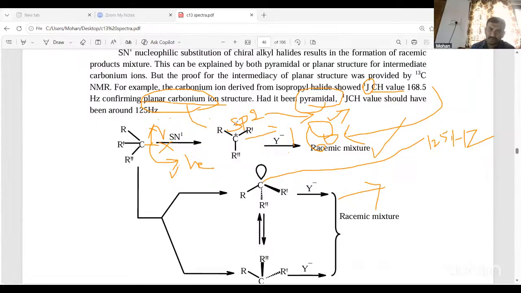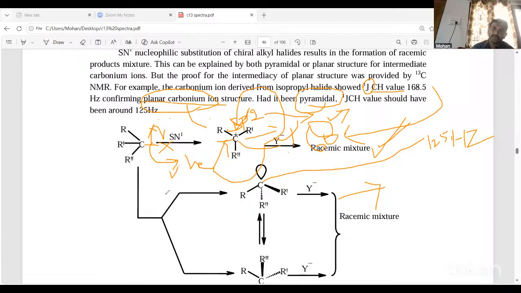Because the planar structure has equal opportunity for the attack of the nucleophile from all directions. The nucleophile Y minus can attack from this side or this side or this side. So all the directions, right? It facilitates the attack of the nucleophile from all the directions. Then it leads to the formation of a racemic mixture here.